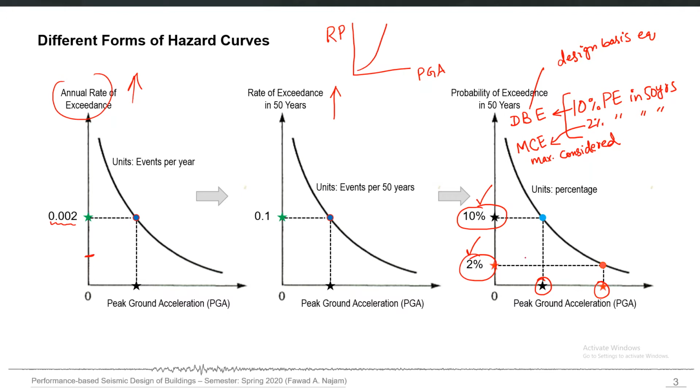So if we convert the two standard definitions, 10% in 50 years and 2% in 50 years, into return periods by taking the reciprocal of the corresponding annual rate of exceedance, for the DBE level we get 475 years, and for the MCE level we get 2475 years.